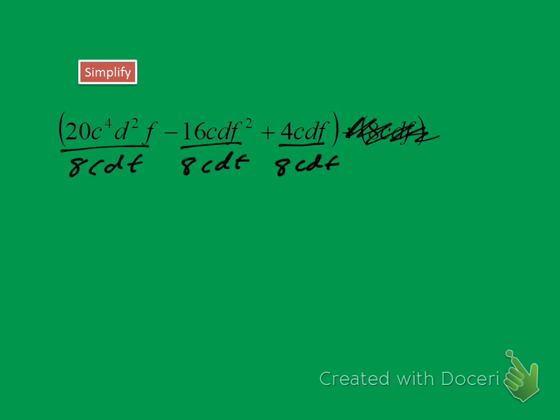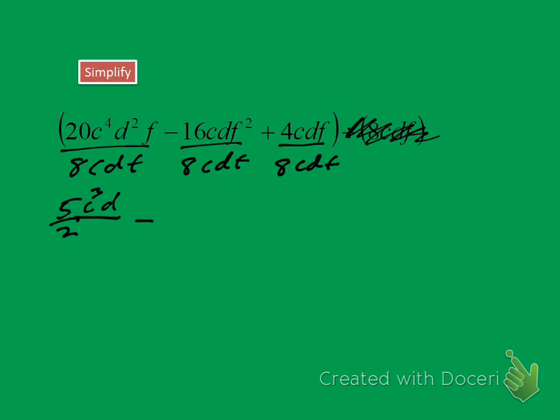Now sometimes you'll have fractions, and that's alright. That's no big deal. You're dealing with fractions in this chapter, these lessons in particular. So you'll have to reduce some of these. So 20 and 8 reduced by 4, that's 5 over 2. And then take away an exponent from each C, D, and F. So C to the fourth goes to 3, D squared goes to D, F's cancel out.